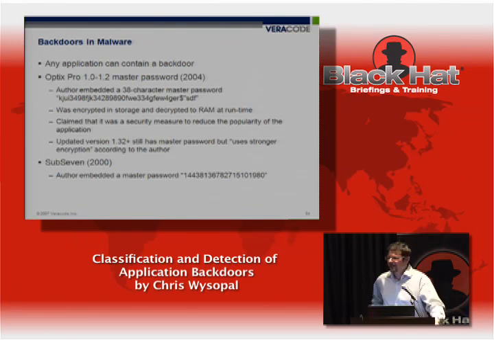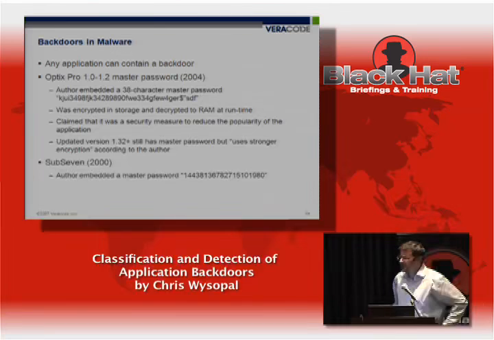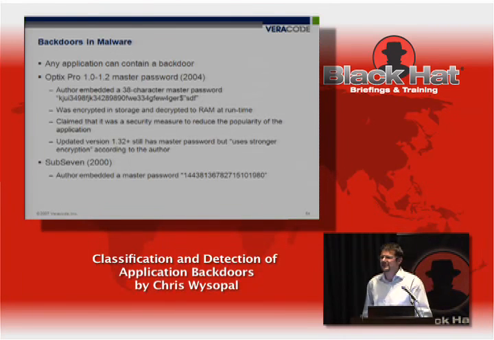And then, sort of humorously, we found that even programs that were malware had backdoors in them. We found an example of Optix Pro, which I think was a remote access Trojan that someone published in binary form only. It happened to have a 38-character master password embedded in it.